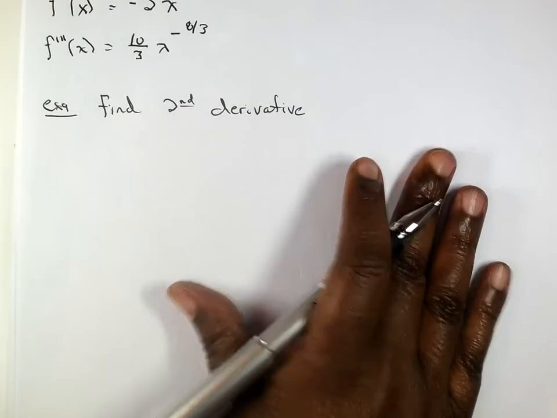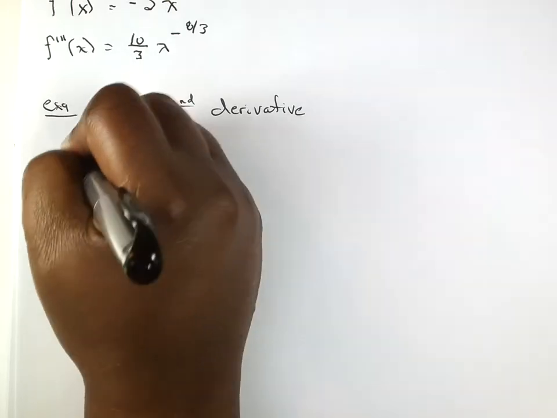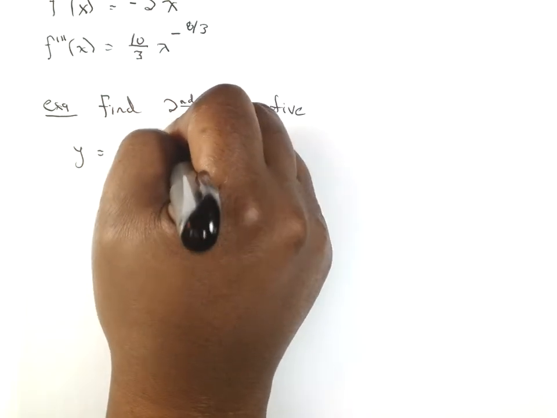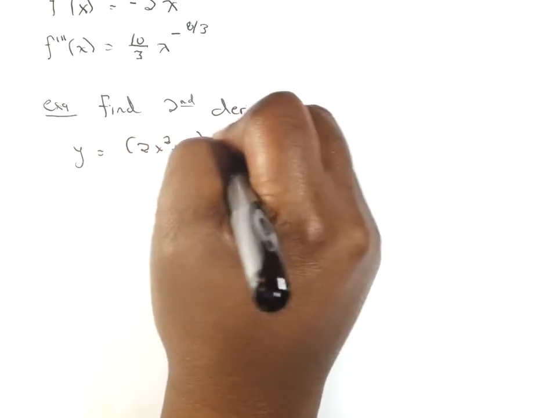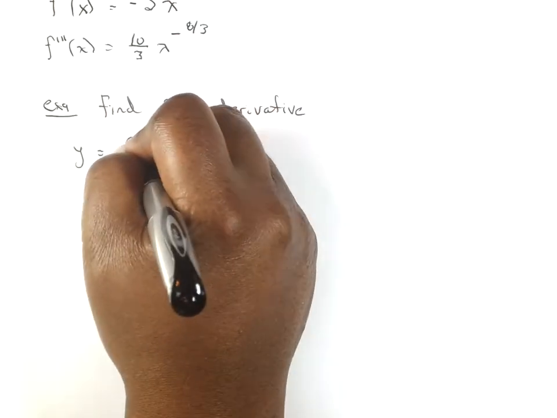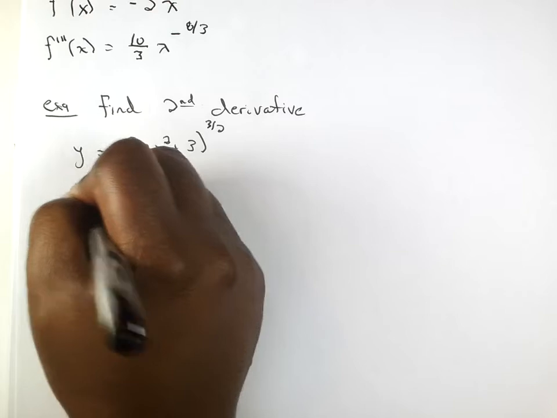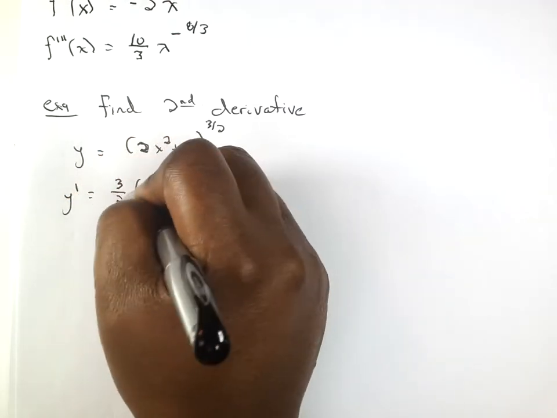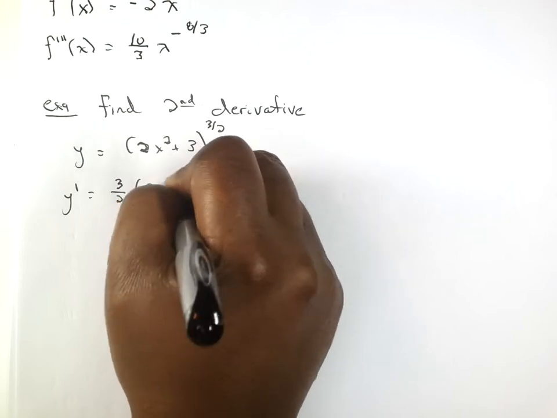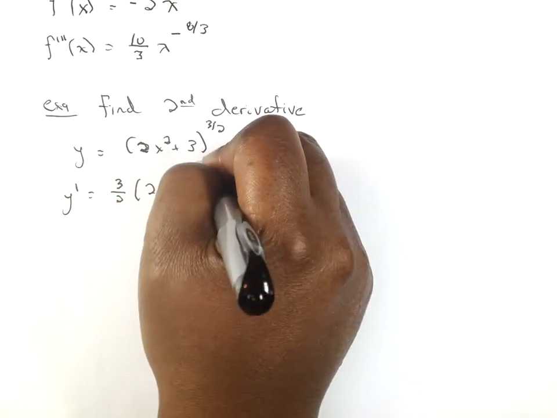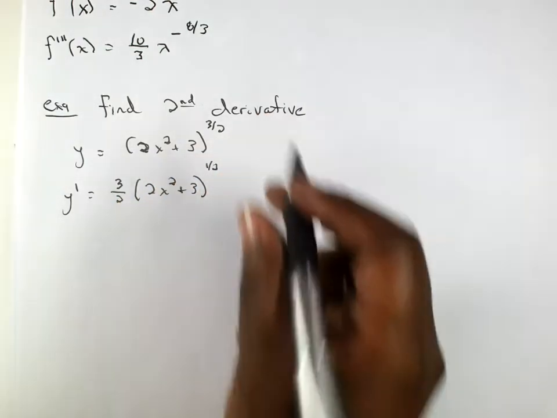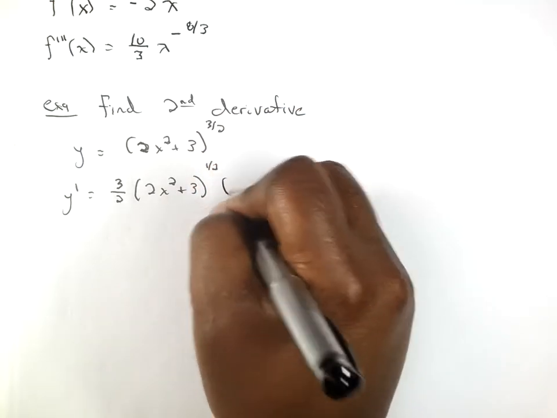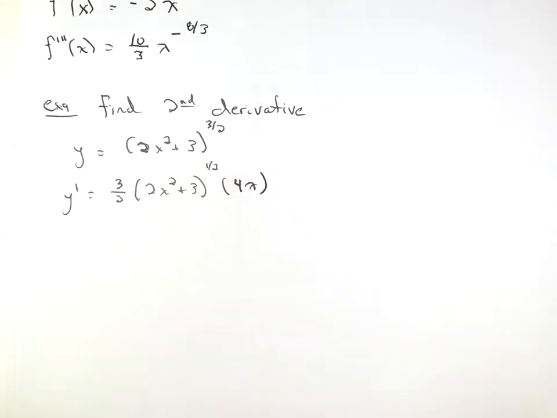Right here I want to find the second derivative. So I have y equals 2x squared plus 3, and that's to the 3/2 power. So my first derivative, I'd get the chain rule, so I get 3/2, 2x squared plus 3 to the 1/2, because we have to subtract 1 from that exponent, and then times the derivative of 2x squared plus 3, which gives me a 4x.